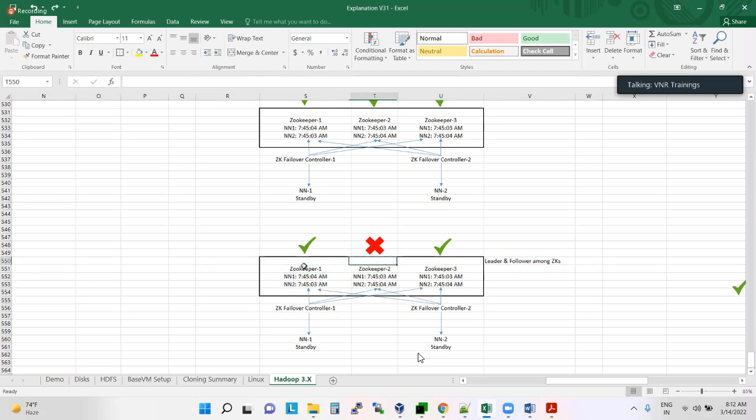Now the idea is that normally these 3 are working like a single unit. Yes or no? All are working together, right?